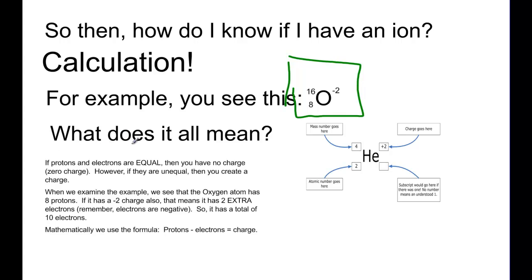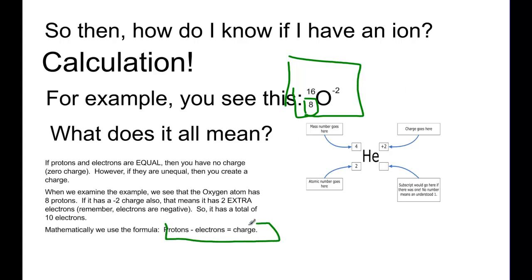So what does it mean? Well, if protons and electrons are equal, you have no charge. In this example, we can see that oxygen has 8 protons, and it has a -2 charge. So we can plug into our formula of protons minus electrons equals charge.